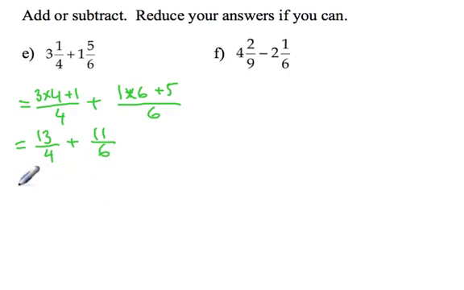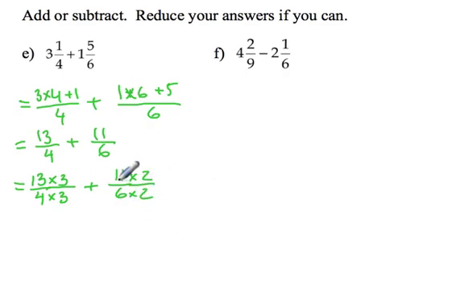Now we have denominator 4 and denominator 6, so we have to find the lowest common multiple, and that is 12. So here, 13/4, if I multiply both top and bottom by 3, I will change the denominator to 12. Here, I will multiply by 2 because that will change the denominator to 12.